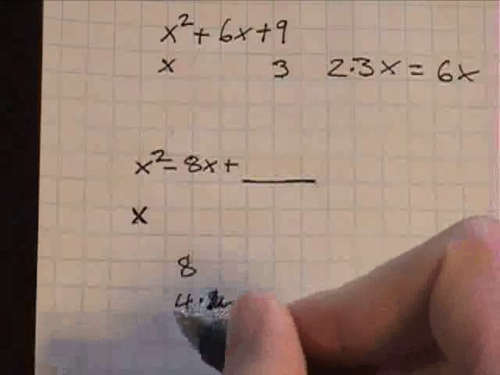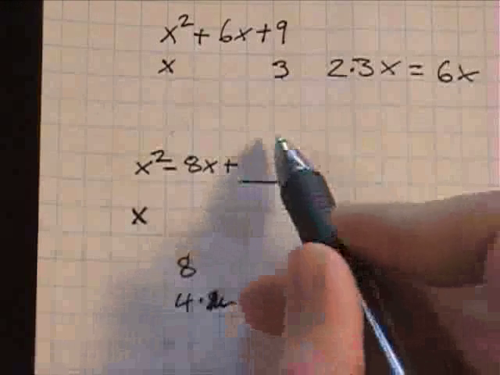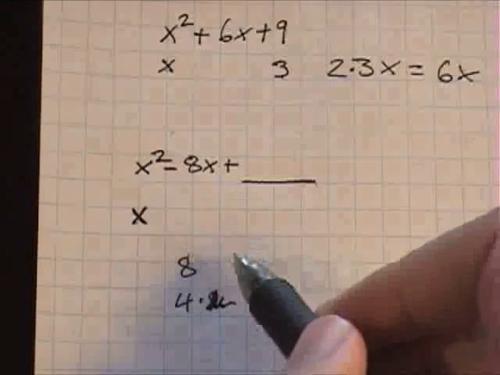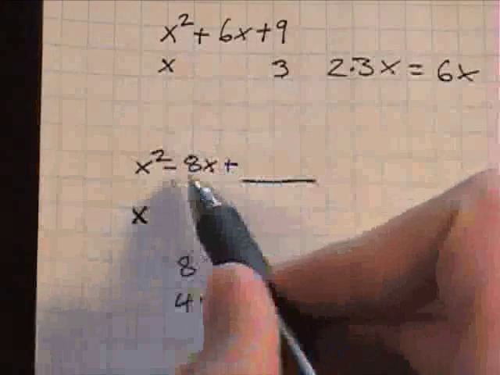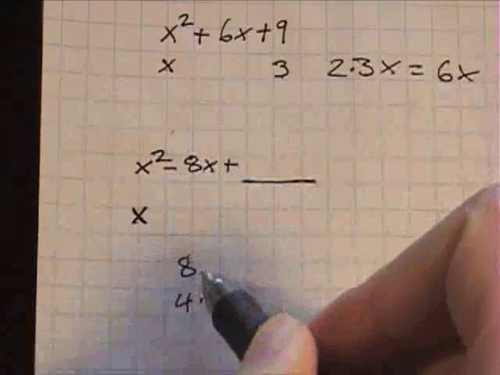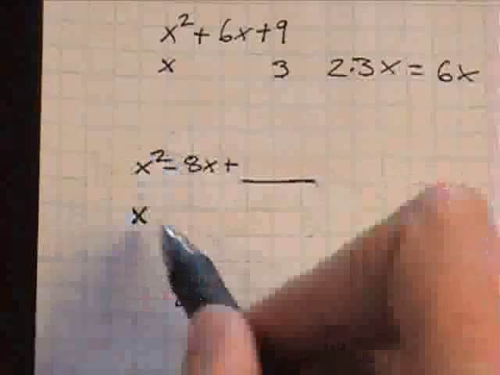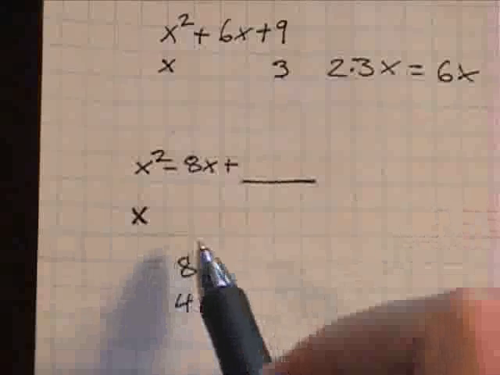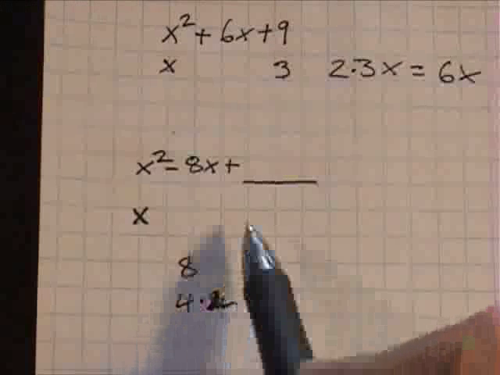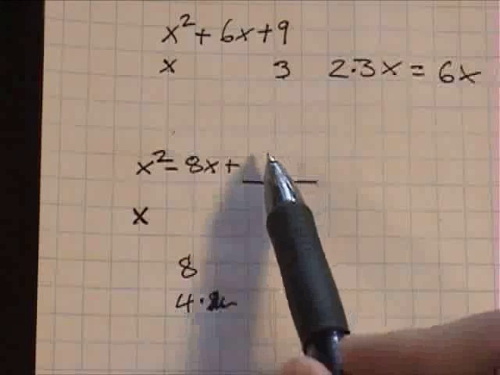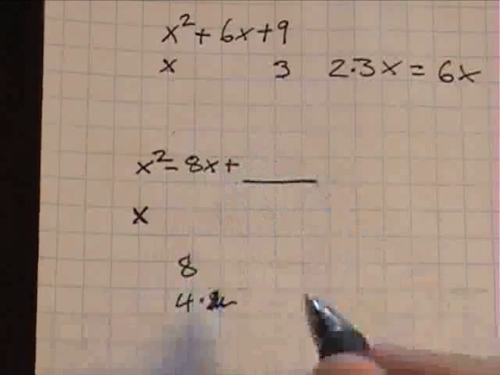So now we know this. This is the perfect square of this term over here. And as you saw, I got rid of the x as well, because the x belonged to this term over here. So this is going to be the perfect square of the term over here.